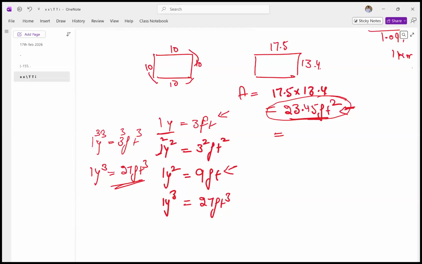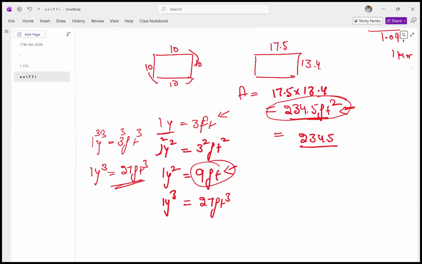Okay, so this is 234.5, not 23. 234.5. Let me just quickly see the calculation which I did. Yeah, so now I need to convert this number into another unit. So this will be equal to 234.5 divided by, I will divide by 9 this time.